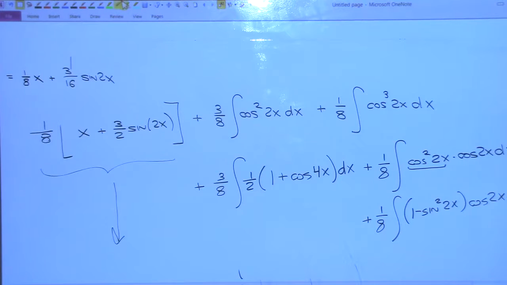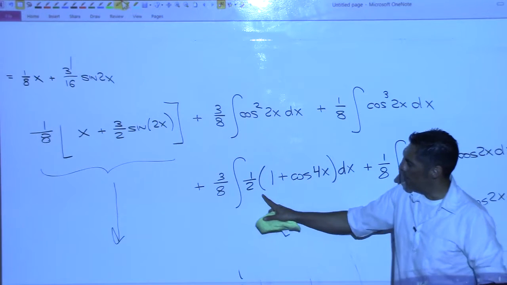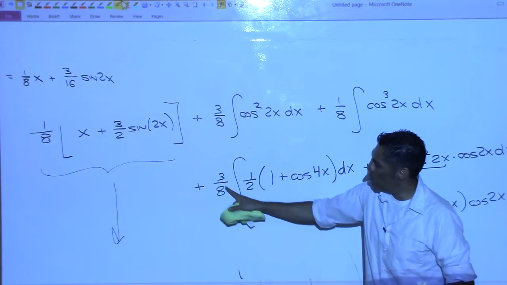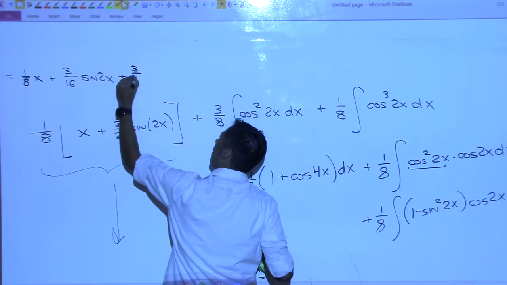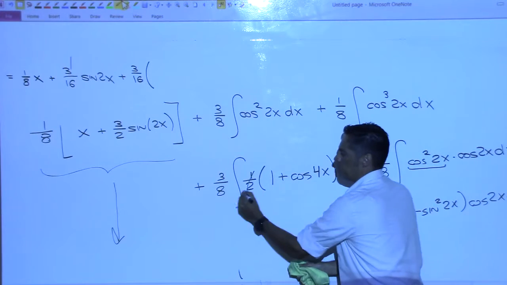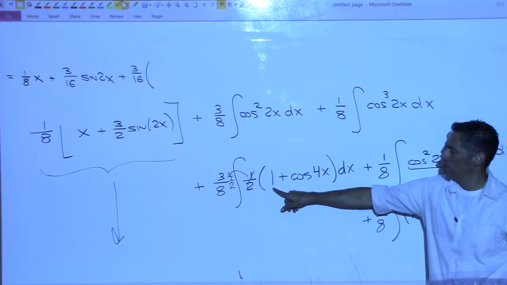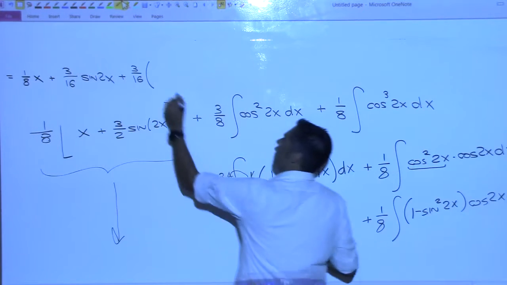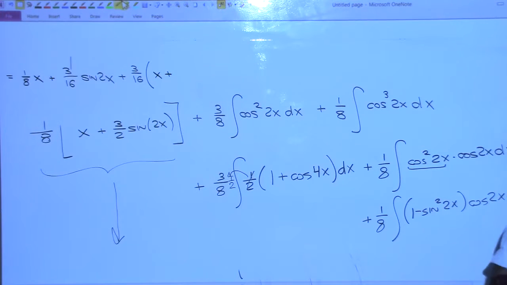All right, let's talk about the next piece, this right here. I'm going to bring this 1/2 out. So I'm going to have what out front? 3/16. And then let's go ahead and take the antiderivative. The 1/2 came out. Antiderivative of 1, x, plus the antiderivative of cosine of 4x.